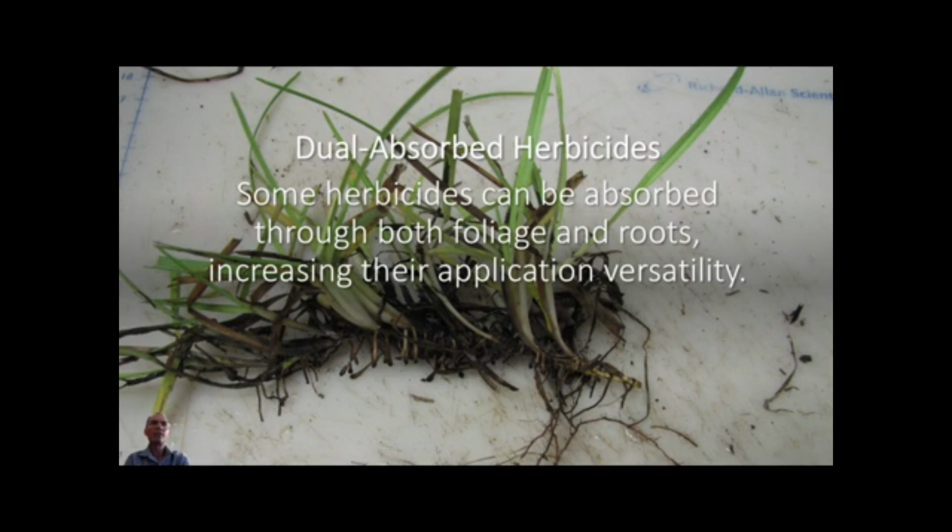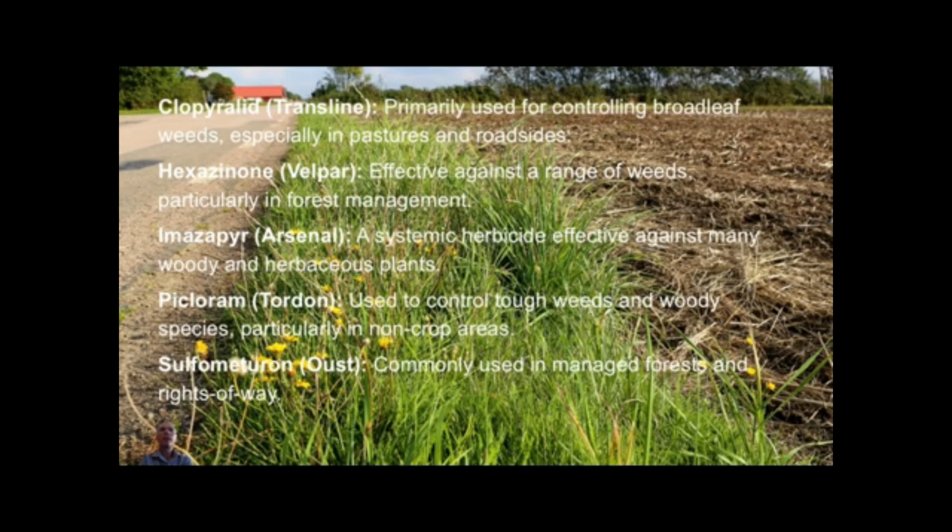Dual-absorbed herbicides. Some herbicides can be absorbed through both foliage and roots, increasing their application versatility. Clopyralid (Transline), primarily used for controlling broadleaf weeds, especially in pastures and roadsides. Hexazinone (Velpar), effective against a range of weeds, particularly in forest management.